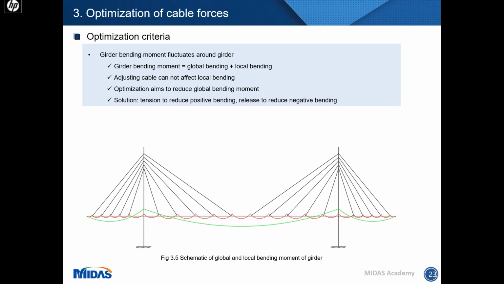If we find some large bending moment, the main principle is we can tension the cables a bit more to reduce positive bending moment, and we can release the cables a bit to reduce negative bending moment.